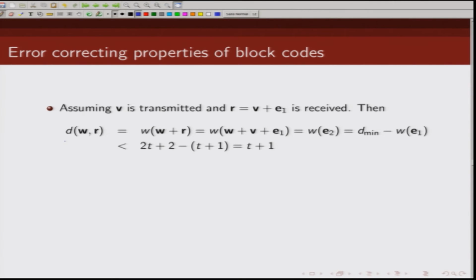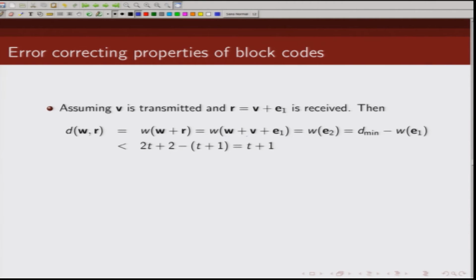So, if we calculate the Hamming distance between w and the received code word, we know that the Hamming distance between w and R is nothing but the Hamming weight of w plus R. And what is R? R is my received code word v plus E1. So, I can write this as w plus v plus E1.